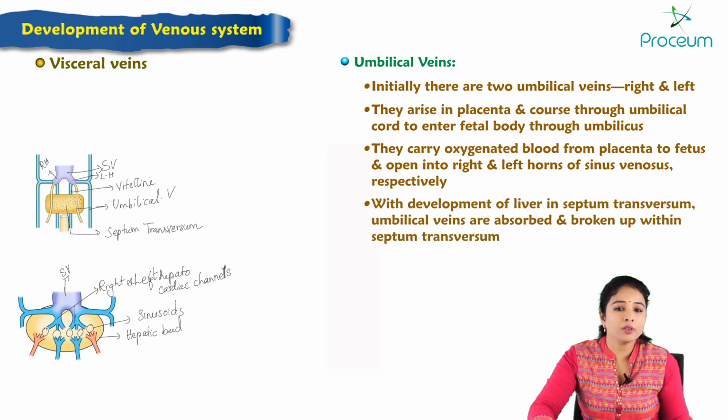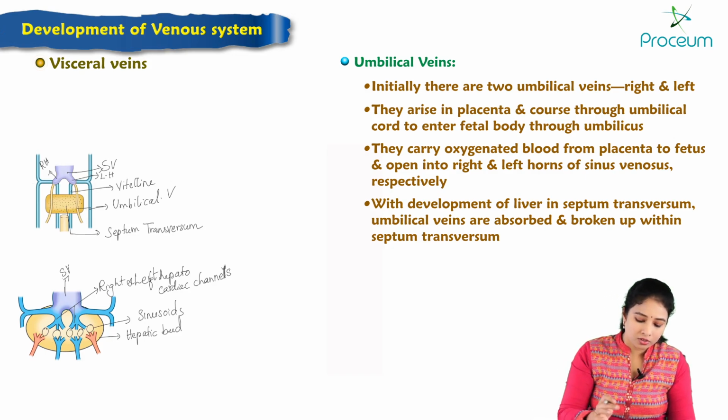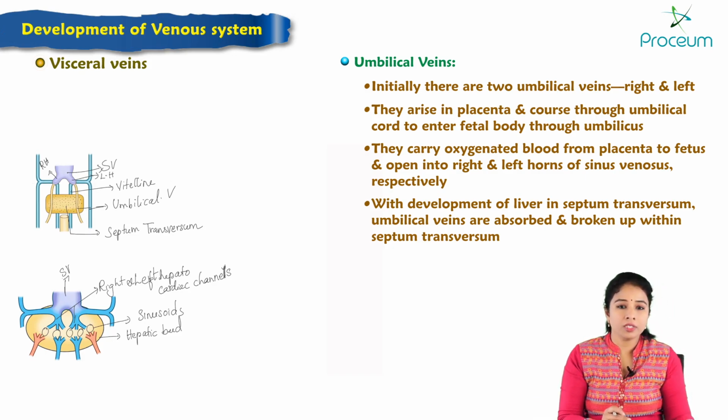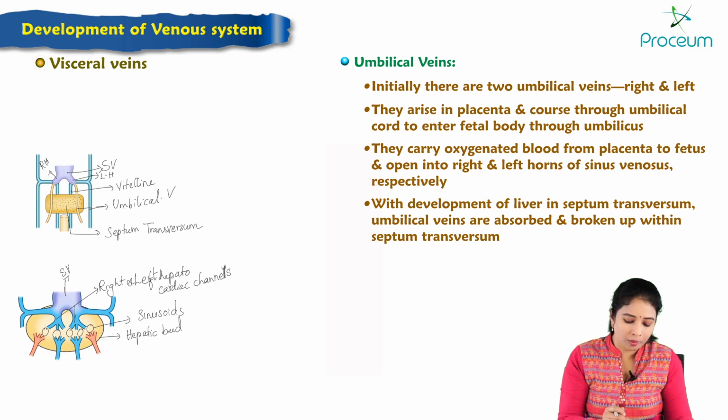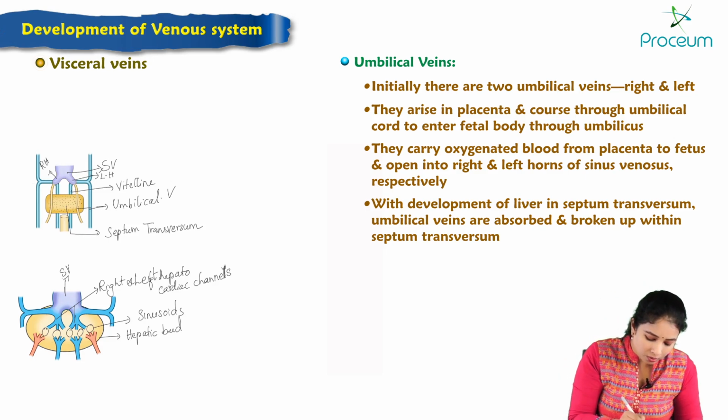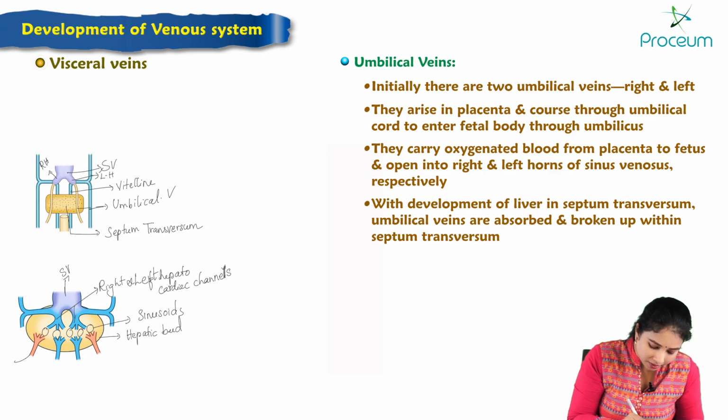With the development of the liver in the septum transversum, the umbilical veins are absorbed and broken up within the septum transversum. Just like we saw how the vitelline veins were getting broken up to form sinusoids, here also the umbilical veins will open up. So this is the right umbilical vein, this is the left umbilical vein, and these are the vitelline veins.